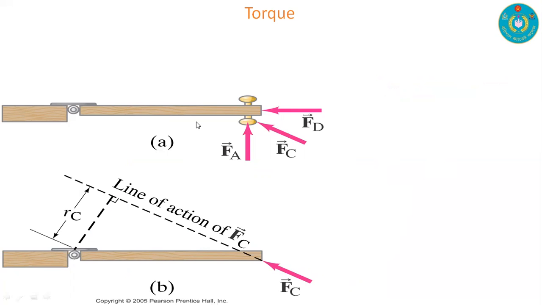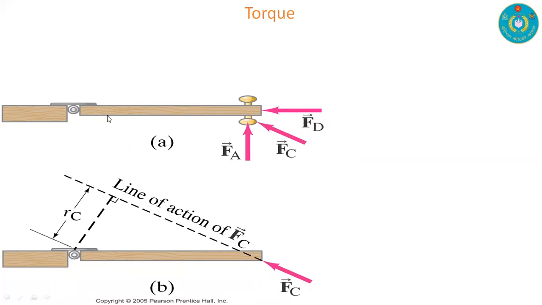We have a figure in the point denoted in A. We can apply a force Fa, Fc, and Fd. And if we apply a force Fc, that is the line of action of force Fc, then the radial distance for this force is Rc.